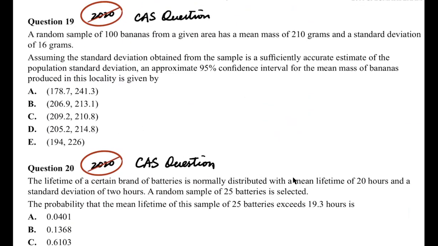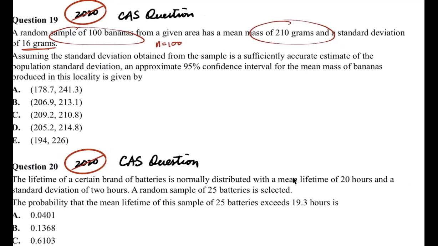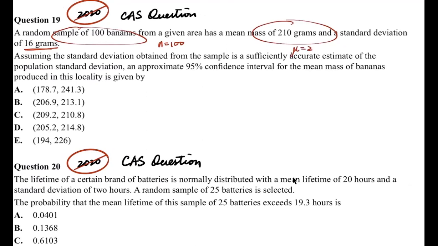Question 19. We have a sample of 100 bananas, n equals 100, and the mean mass is 210 grams. The standard deviation is the population standard deviation, so mu equals 210, sigma equals 16.